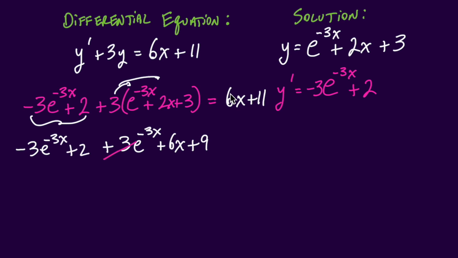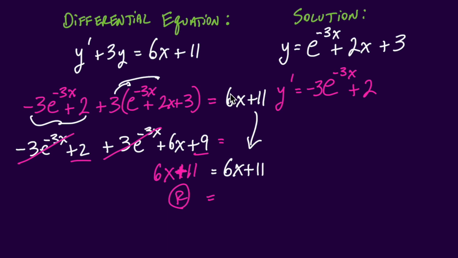These are going to cancel, the plus 3e to the negative 3x and the minus 3e to the negative 3x. We're going to have 6x plus 9 plus 2, 6x plus 11 on the left side of the equation, and indeed that does match the original right side of the equation. So if we have the right side equaling the left side, then we have an identity, thus establishing that that is indeed a solution.